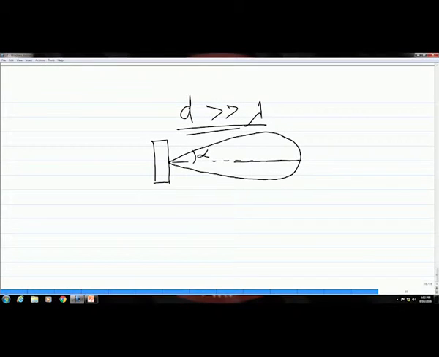So, it has a divergence angle, and if you talk about the intensities across this beam, you will see that there will be a lot of fluctuations near to the transducer. Okay. So, this is the probe or the transducer, and this is how the beam is coming out of it.